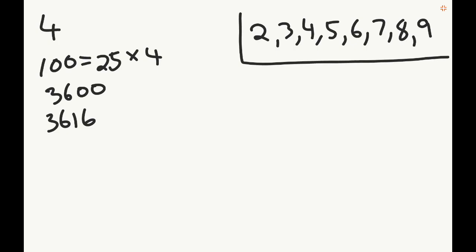Well, it turns out that whatever the first two leading digits are, 36, 74, 97, we know that if the last two digits were 0, 0, we'd have a multiple of 4. So if we have a multiple of 4 more than that, say 16, we also know we have a multiple of 4.